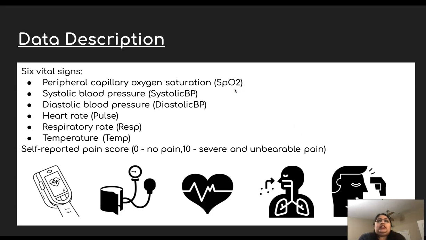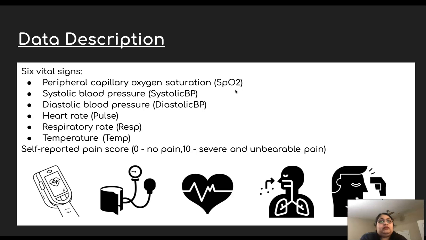Now coming to our dataset, in this study we utilized approximately 67,900 records from electronic health records data collected from 50 participants at Duke University Hospital, over a period of 5 consecutive years.